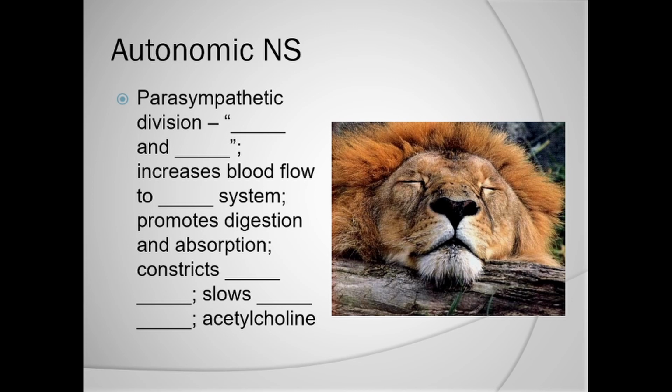And maybe you've experienced this. So maybe you're into sports and they tell you don't eat a large meal before a competitive event, before a track meet or before a basketball game or a swim meet or something like that, because your sympathetic division is going to be very active and it's going to divert blood flow from the digestive system, and this can create problems because you've got this food in your digestive system that is awaiting digestion, but guess what?